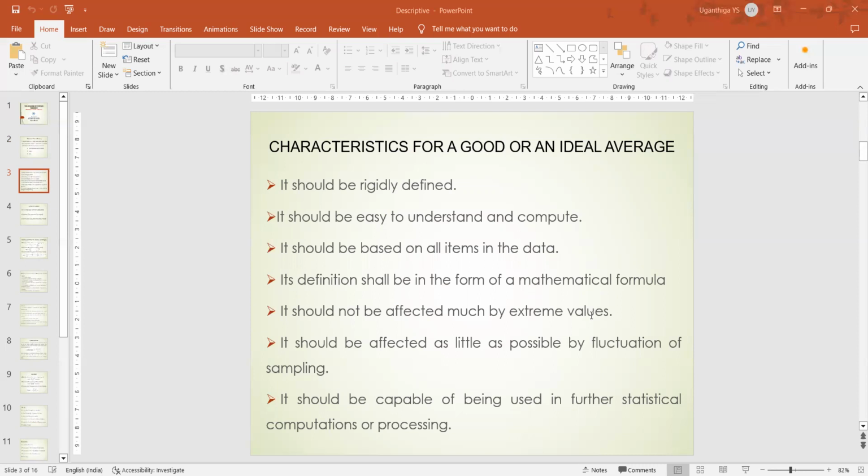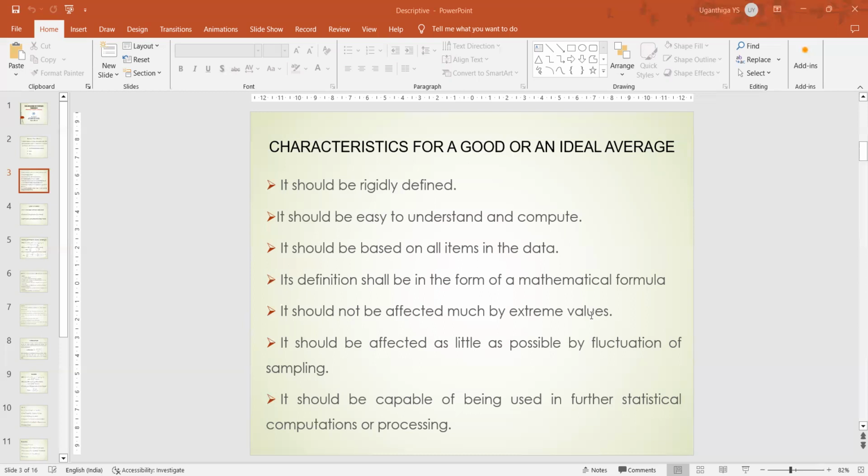It should not be affected much by extreme values. It should be affected as little as possible by fluctuation of sampling. It should be capable of being used in further statistical computations or processing. If a measure satisfies all these characteristics, then only we consider it the ideal measure.